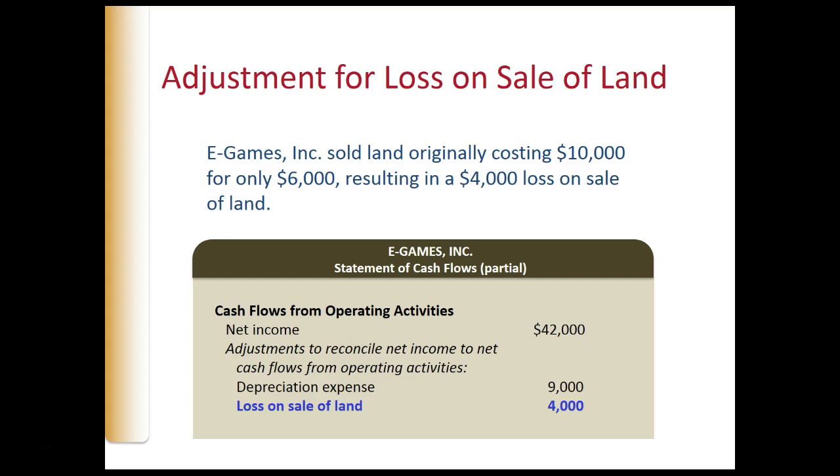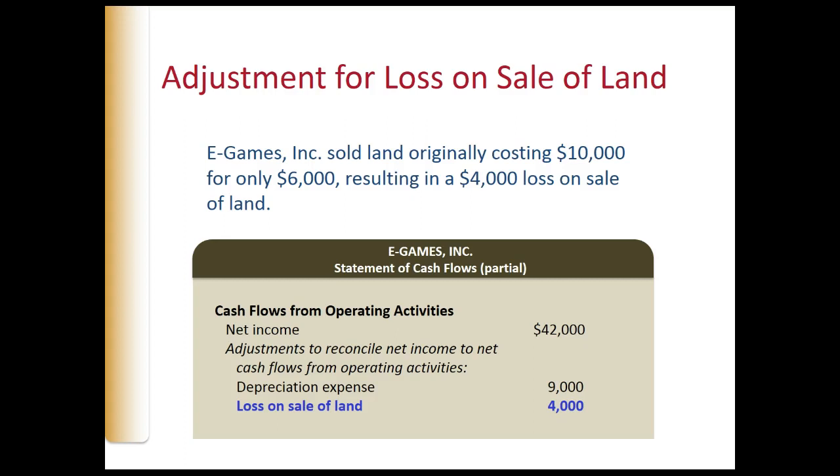So we have to look at this and add it back in order to eliminate this non-operating component of net income. This slide shows how eGames adds back the loss on the sale of land to net income in arriving at net cash flows from operating activities.